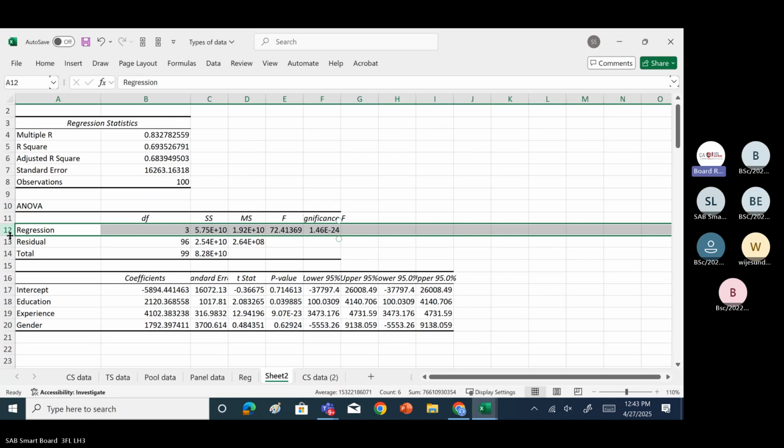Plus beta 2, let's take EX, experience. Third variable, beta 3, gender, D, plus the error term. So this is our model that we have developed.